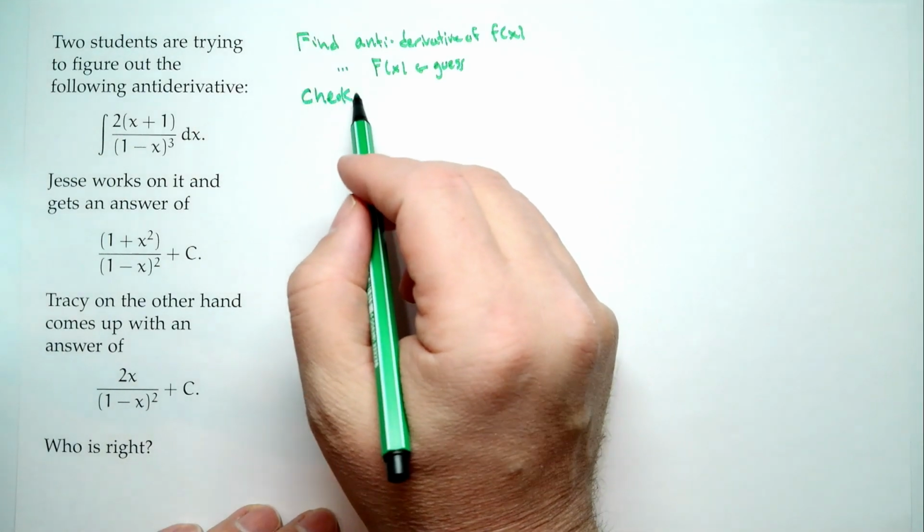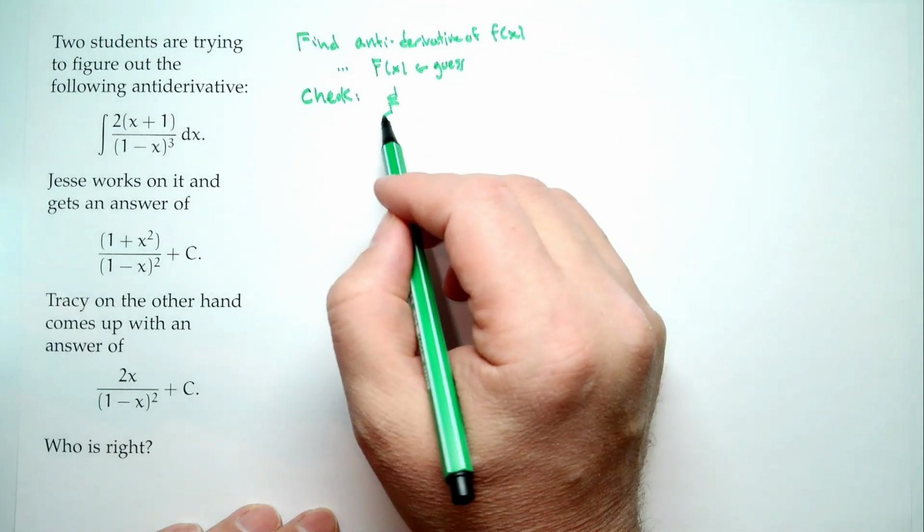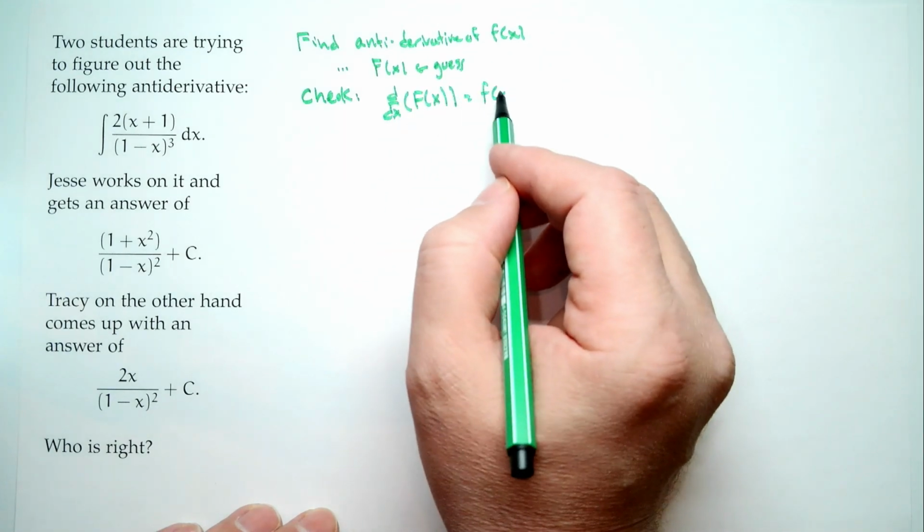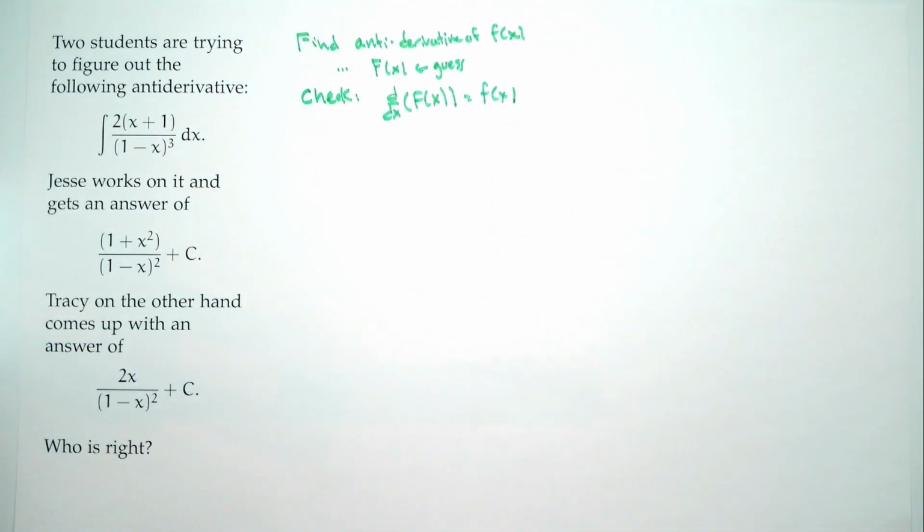So you know you found the right antiderivative if the derivative of capital F of x is equal to little f of x. So there's always a way to check your answer when you're doing antiderivatives. If you're not sure if you took the right antiderivative or not, just do a quick derivative, because derivatives tend to be pretty quick, and see if you got the same thing that you started with. And if you did, then odds are pretty good you did the right thing.